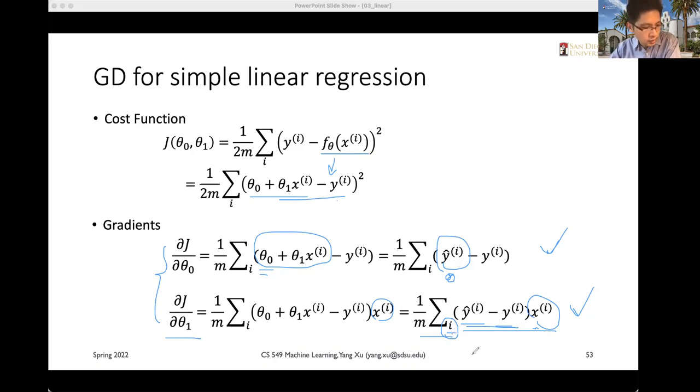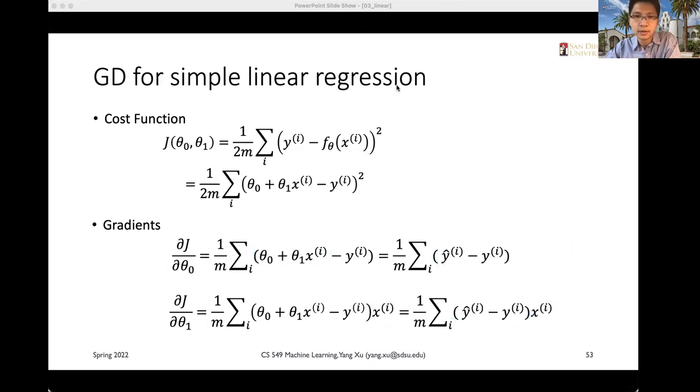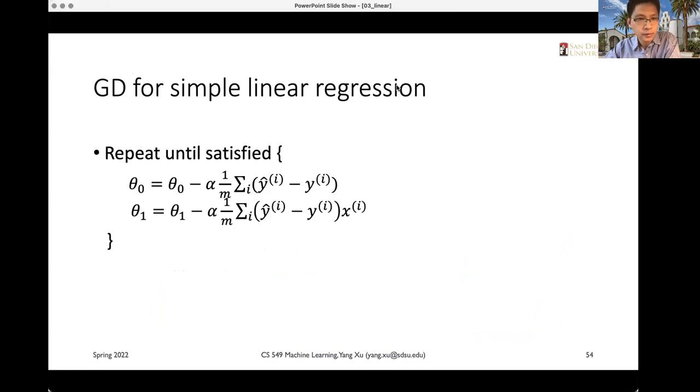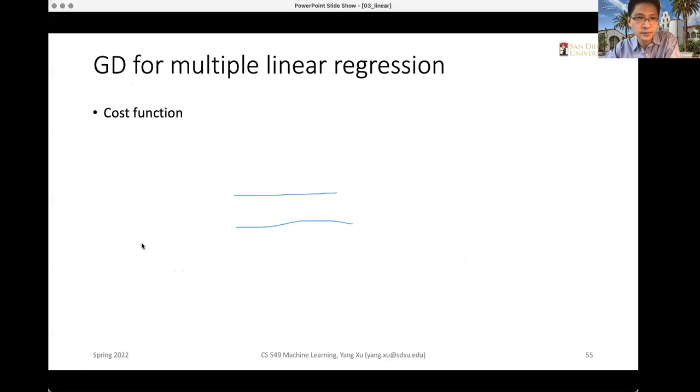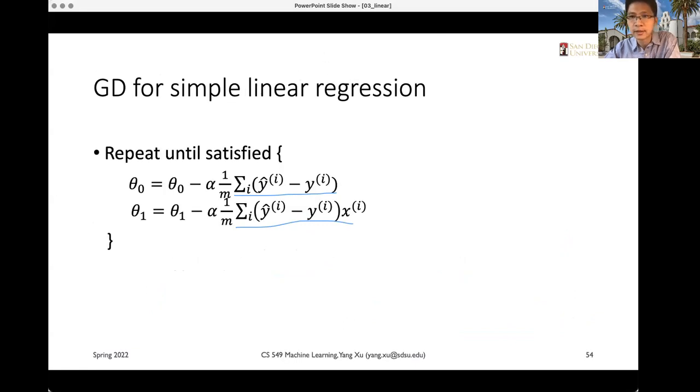And actually, in our homework assignment, we don't need to use a for loop to go over all these m examples. We can use one dot product to easily compute these gradients. So after we substitute the gradients into the form of gradient descent, we can compute the new iterations, the updated values of the parameters.